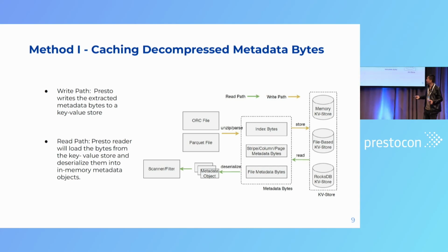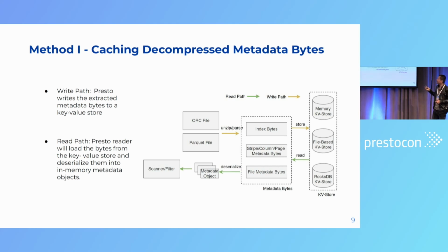Nothing is different. The only difference is that, instead of parsing the entire file to extract the metadata, it can check the key value store. Because for each kind of metadata, we can very easily get a unique key. If you're familiar with ORC or Parquet, for each section you can have a very unique key for this kind of value.